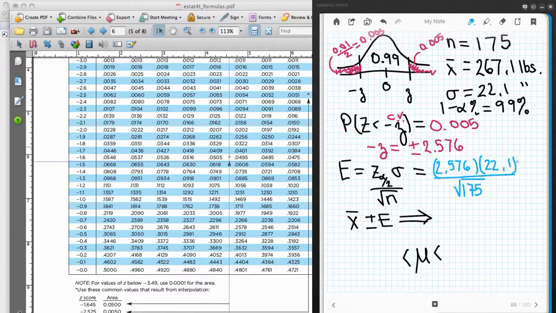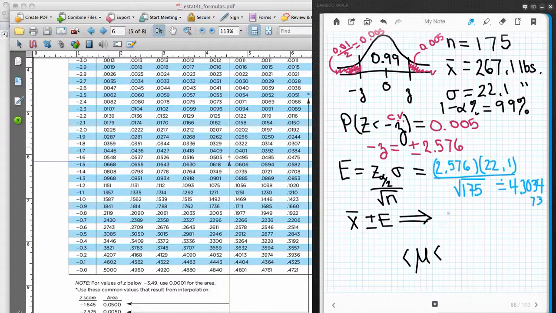And the calculation that I end up getting is that this is approximately equal to 4.3034, and then 73.